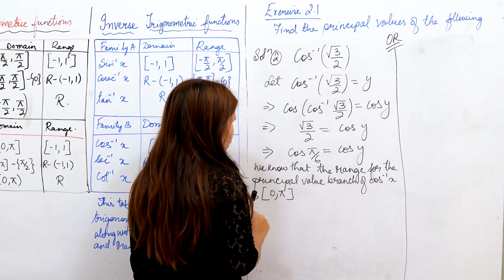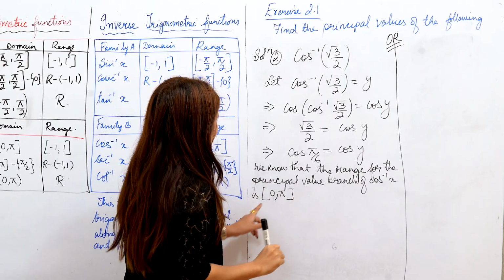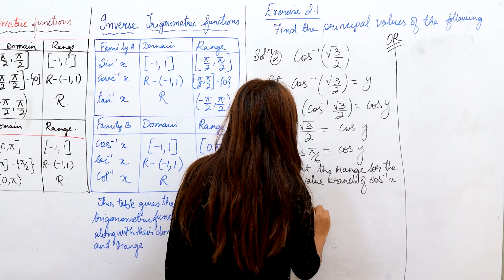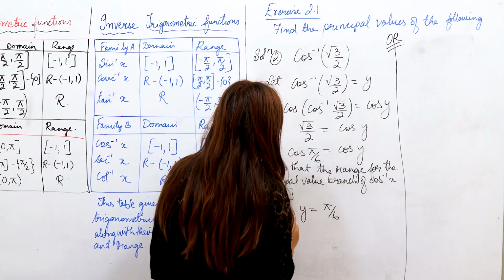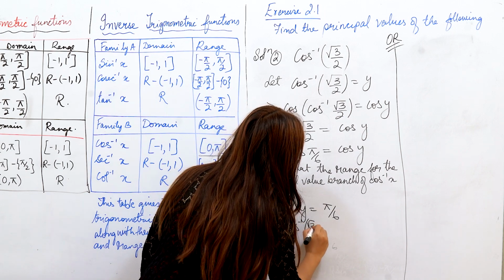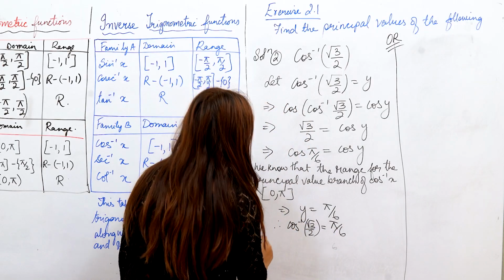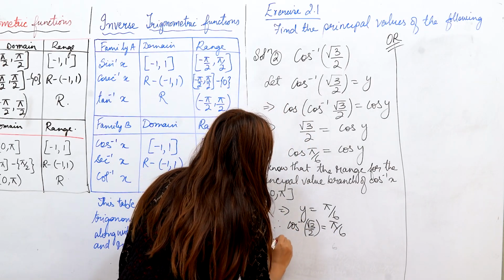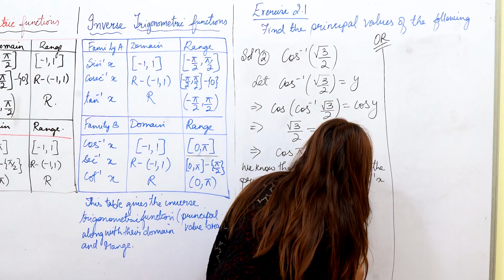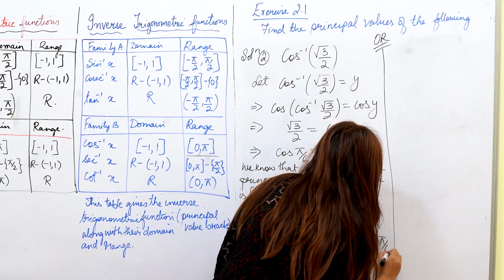That means from 0 degrees to 180 degrees, 0 and 180 degrees included. This implies y is equal to pi by 6. Therefore, cos inverse of root 3 by 2 is pi by 6. The principal value of cos inverse root 3 by 2 is pi by 6.